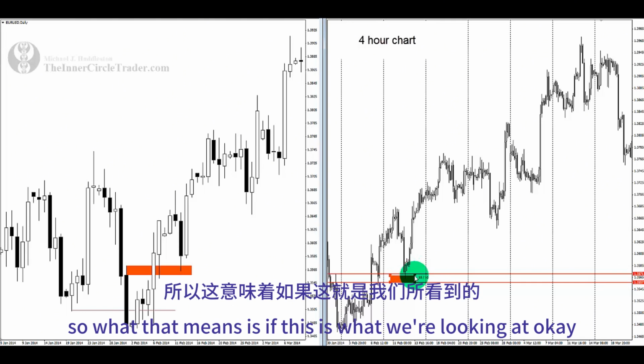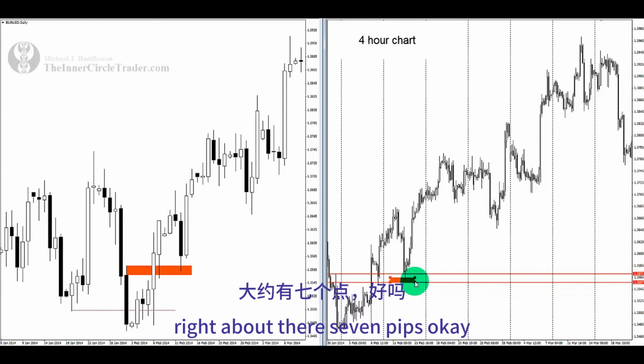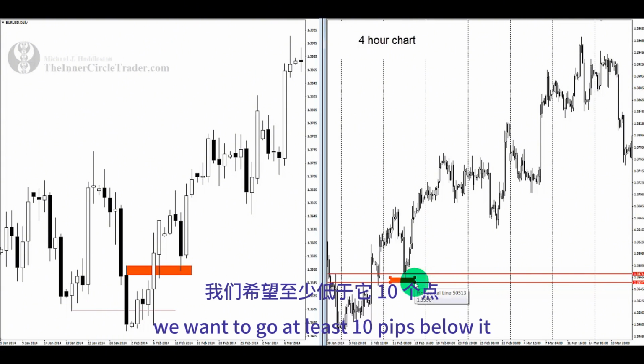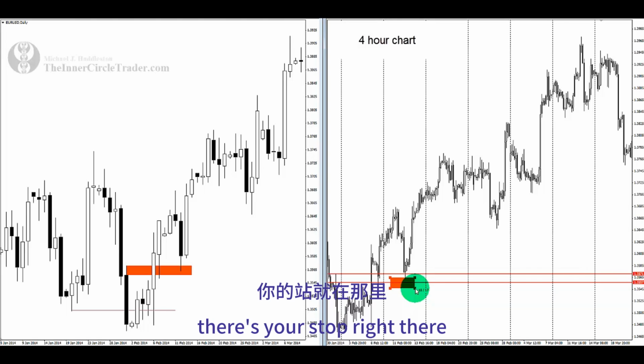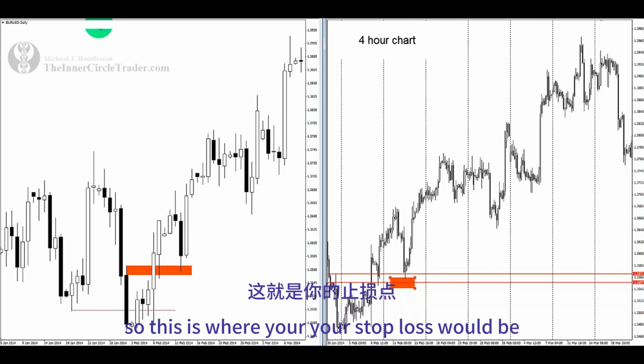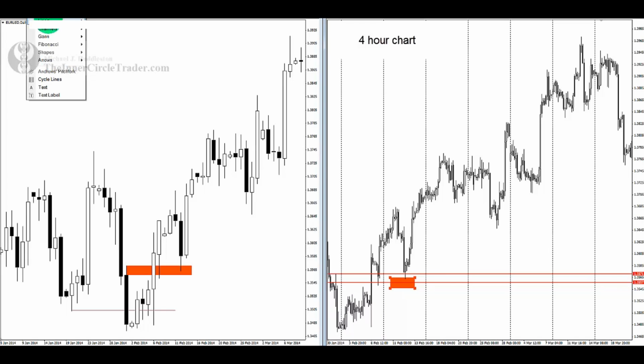So we want to go at least 10 pips below it. There's your stop right there. This is where your stop loss would be.